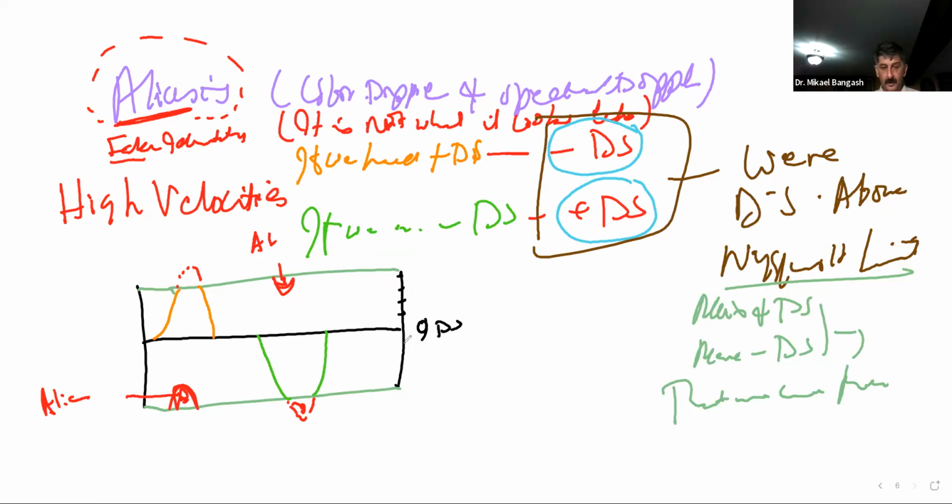Likewise, as you go down you end up with a greater negative Doppler shift. Where it is greater than that maximum positive or maximum negative Doppler shift, that becomes aliasing.